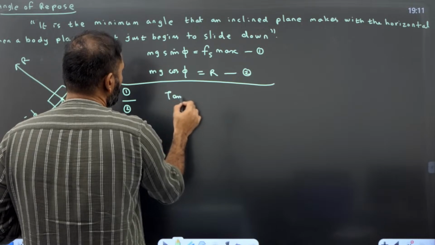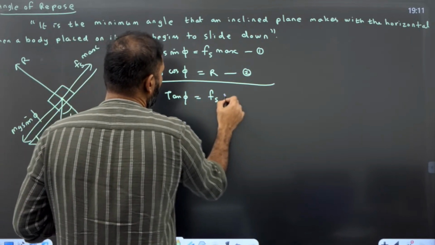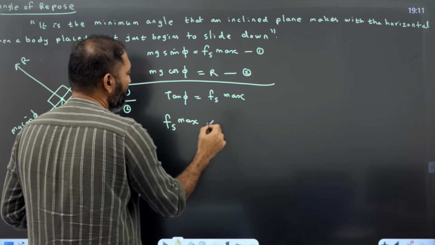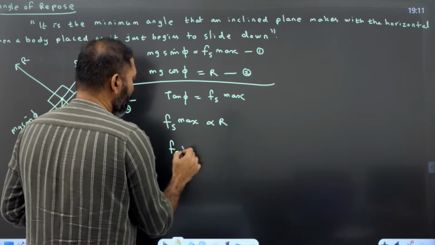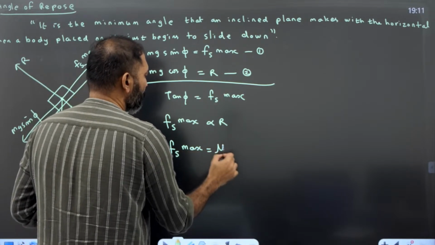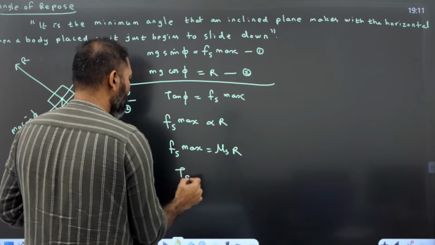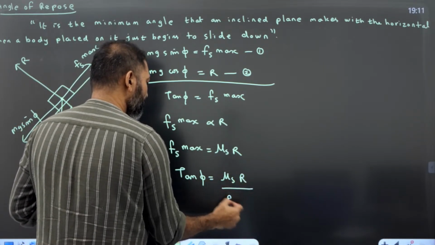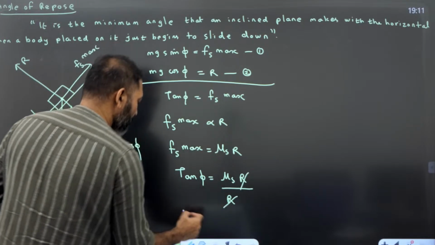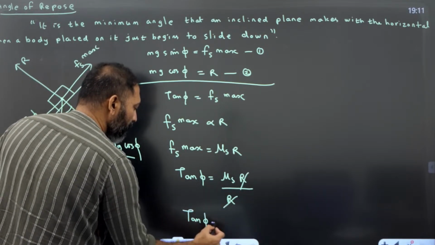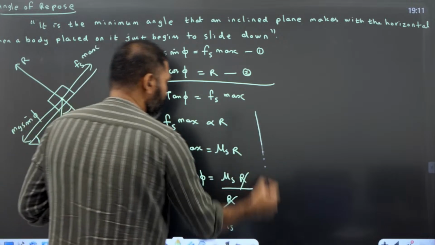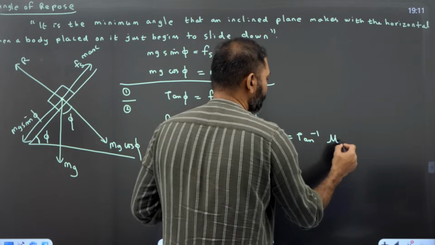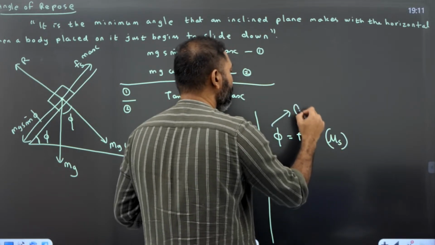Tan phi is equal to Fs max by R. Now I know that Fs max is directly proportional to the normal reaction, and Fs max is equal to mu S R. So tan phi is equal to mu S R by R. R gets cancelled, so tan phi is equal to mu S. So what is phi, the angle of repose? Tan inverse mu S. This is angle of repose.